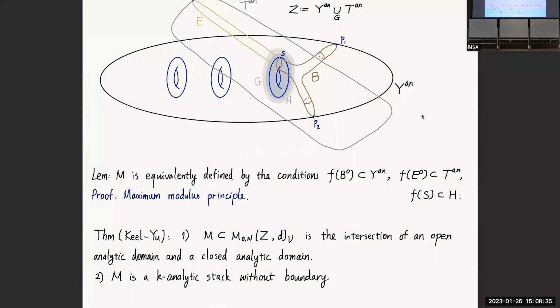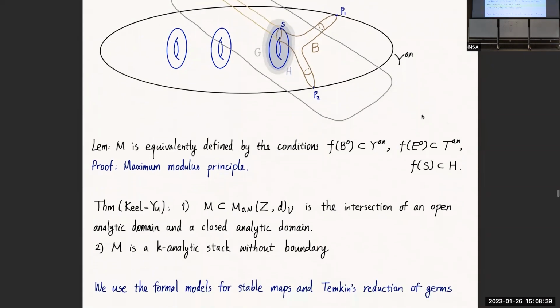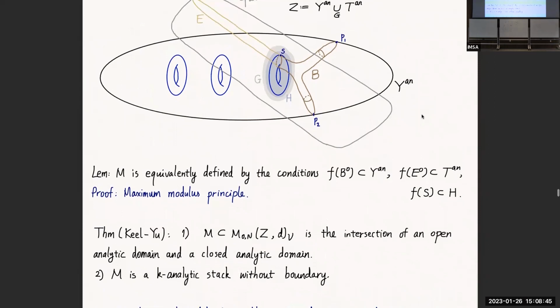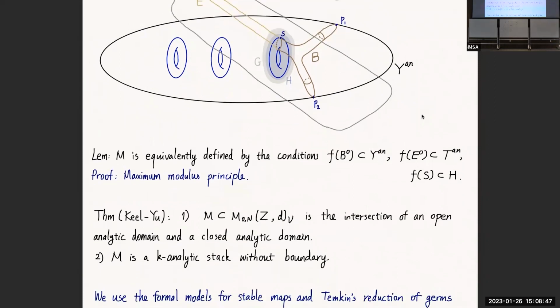So it's boundaryless. This is the first property that we show, this boundarylessness. And the idea is to use formal models for stable maps and use Temkin's reduction of germs.